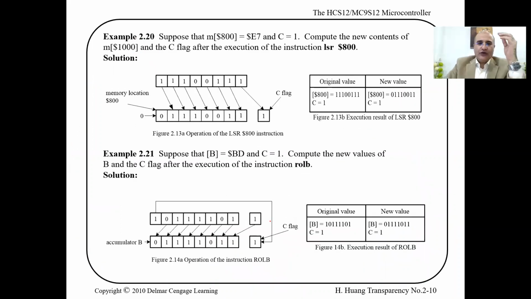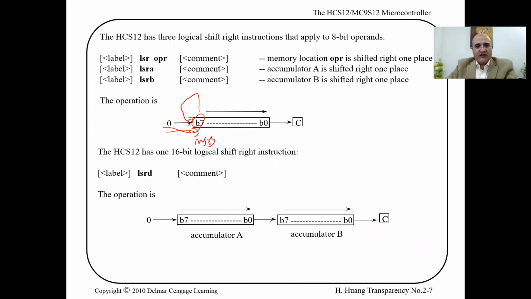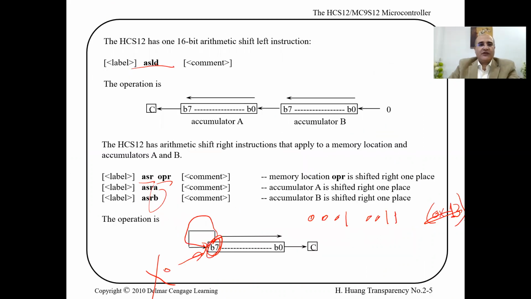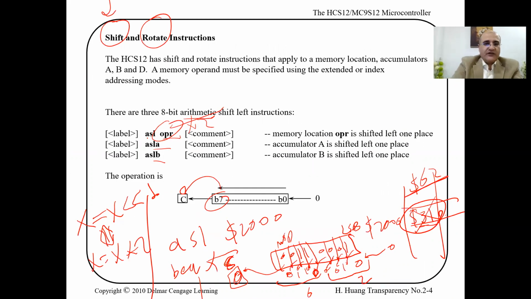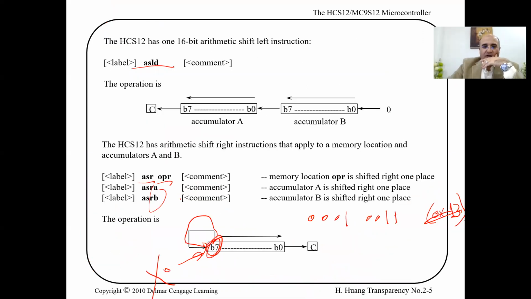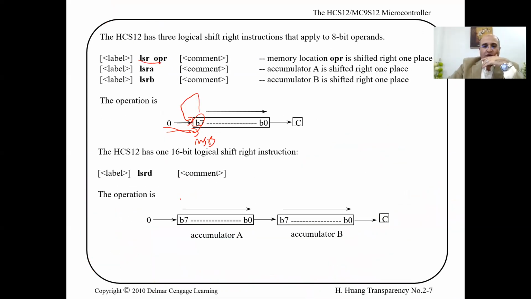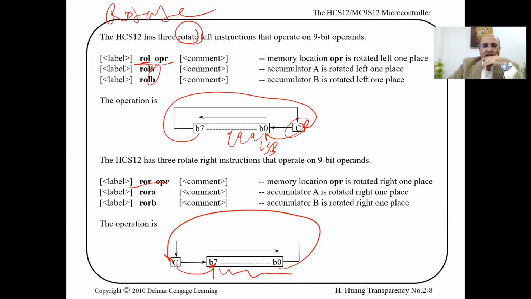So if you do for the first instruction, let's talk about left shift, logical arithmetic shift left, the first operand, right? The most significant bit went to the carry. Now you can do a rotate left for the second operand.